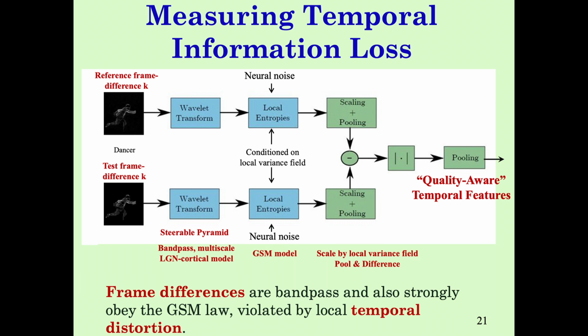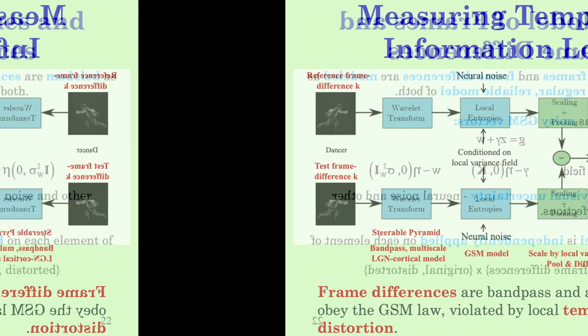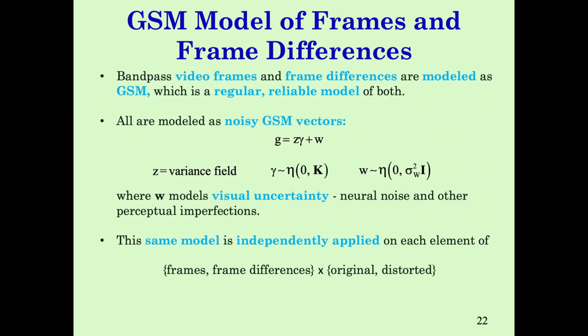Entropy is measuring information. Distortion causes a loss of information or added information like blocks or noise. A difference in entropy. Very natural approach. Information. Same kind of pooling and so on. Quality-aware temporal features.